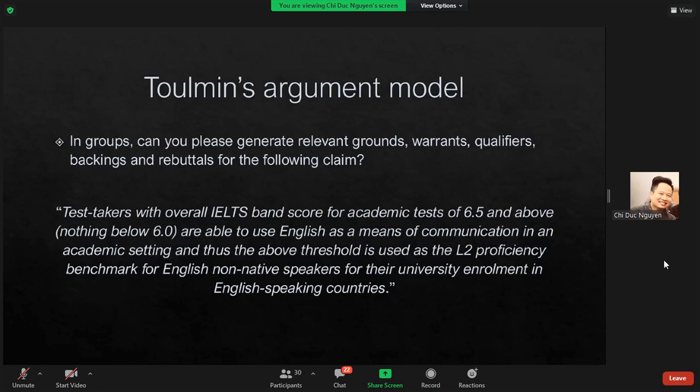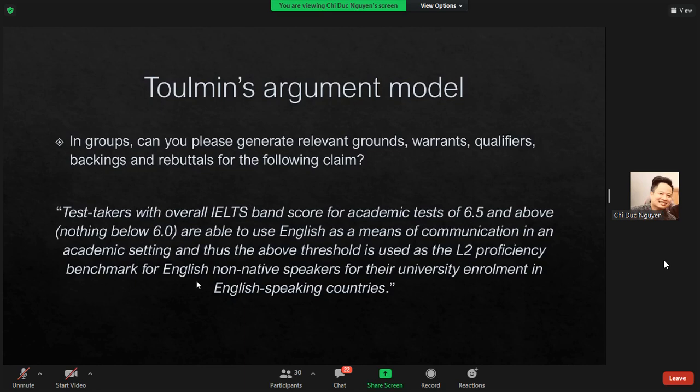However, any kind of question, any kind of research, any kind of claim has some kind of limitation. And sometimes we need to acknowledge this limitation. And how can we do so? Can you make a guess?